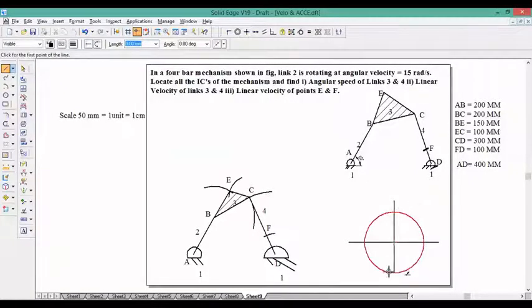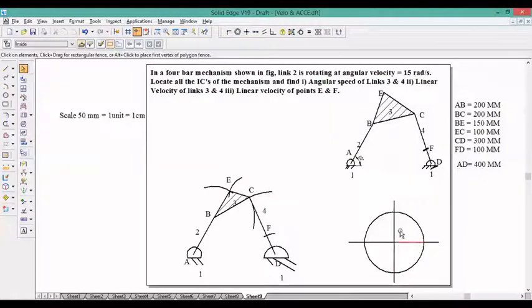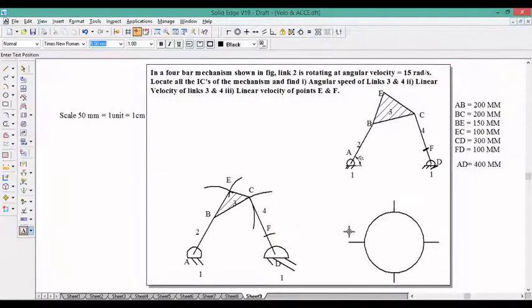Then call the numbers in a clockwise direction: 1, 2, 3, and 4.